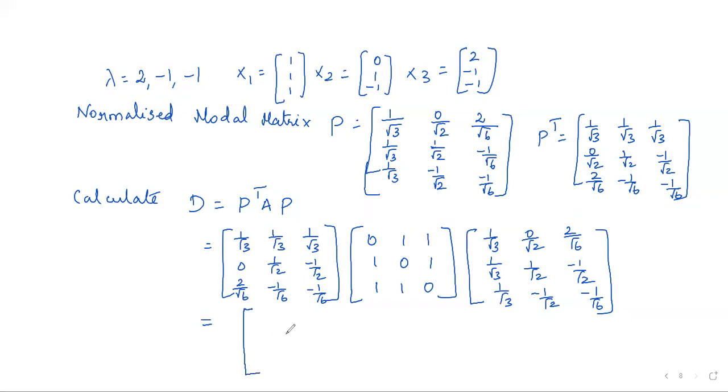The final result will be [2, 0, 0], [0, -1, 0], and then [0, 0, -1]. So we are getting D whose diagonal elements are nothing but the eigenvalues.